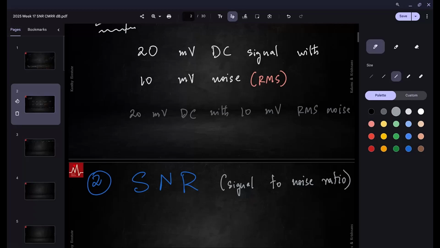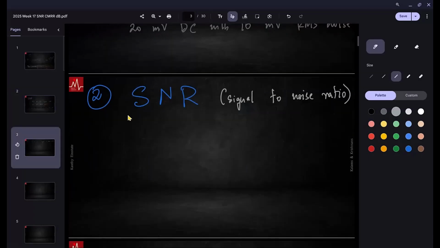Now Shraddha says 6. Some of you say 2. Notice here we have to be careful about a couple of things. Signal by noise happens to be 20 millivolt by 10 millivolt. This is 2. But SNR is typically given in decibels.